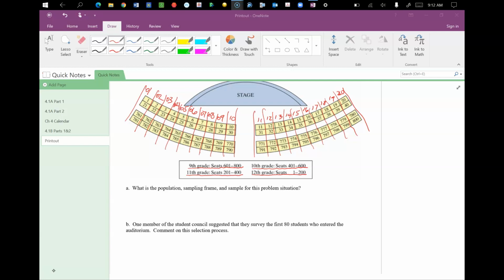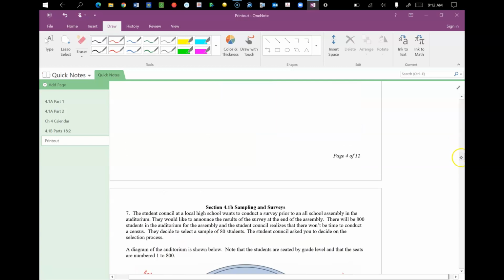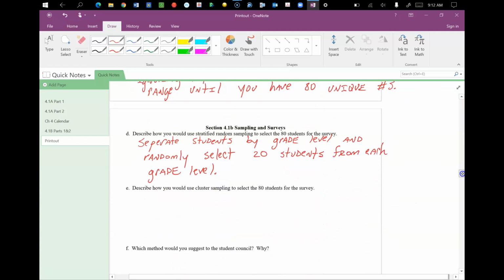If you took a look at the group of 800 in the entire population, if you have 20 columns, each column would have 40 students in it. So what we could do is number each column. Let's say we use double-digit numbers 01 through 20, and then randomly select two of those columns to get our cluster sample, and we would take the entire group.